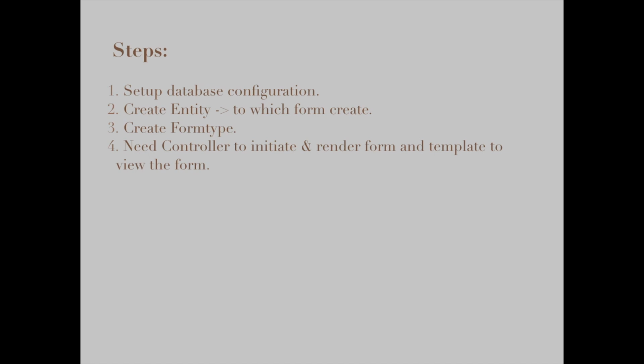Then second, suppose I want to create a form which will fill the details of a user, and for this I will create the entity, and then regarding that entity we will create the form. Now after creating the form, we will create a controller which will initialize that form and then render that form to the template file, that's the view of the form. So let's start the project.